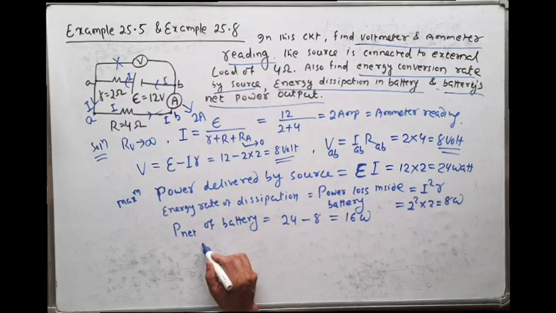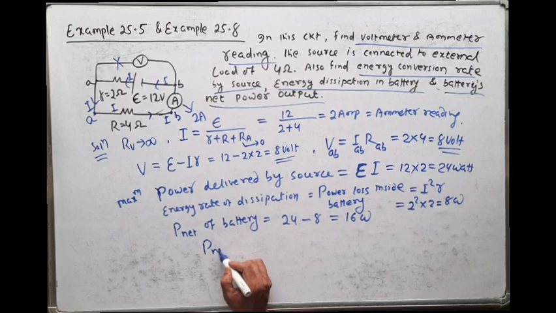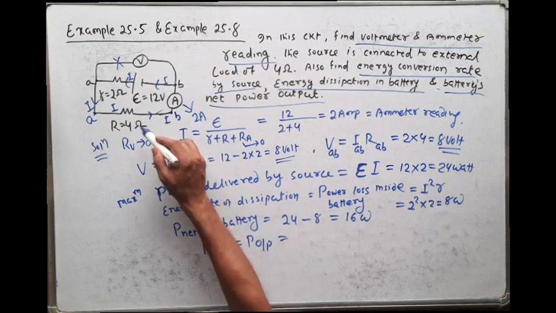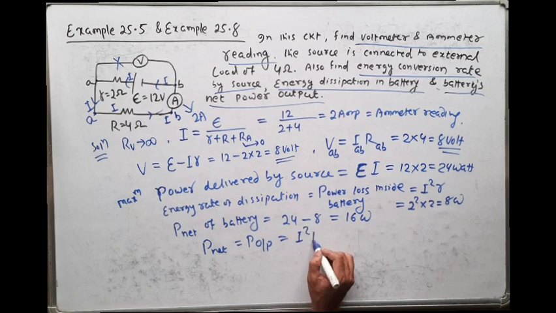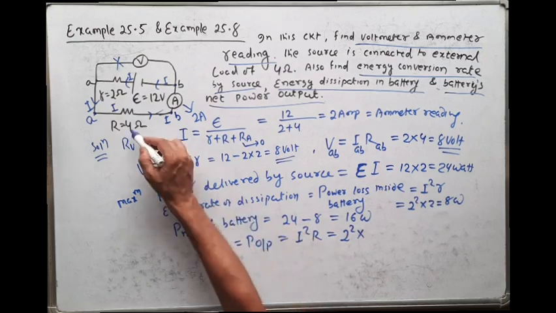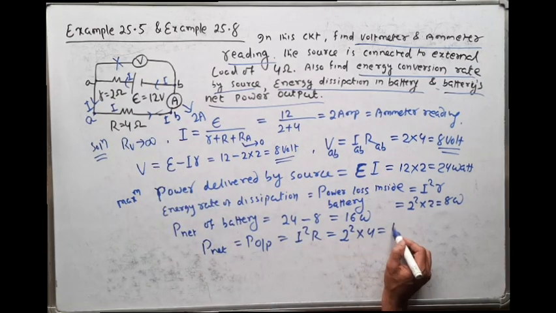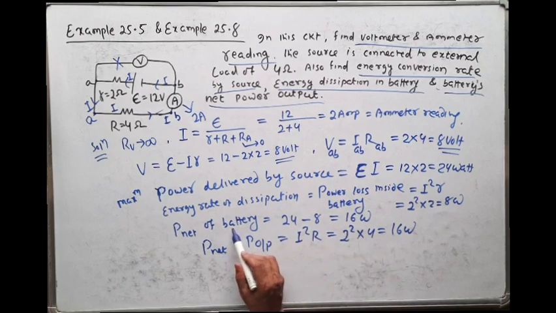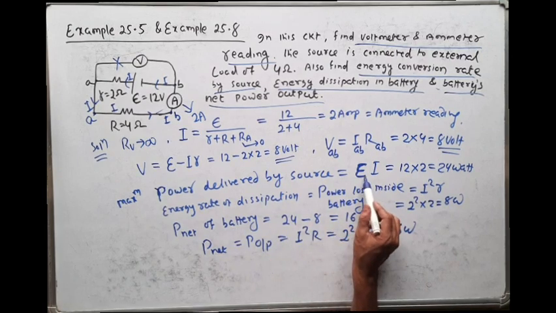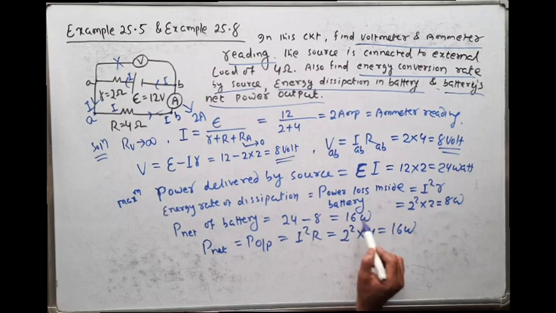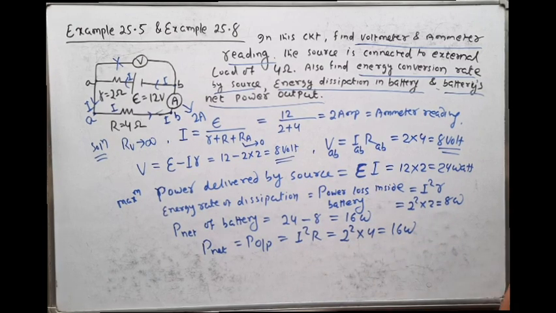Or we can directly write the net power, the output power across the load, is equal to I square into R. What is I? 2 square. What is R? R is equal to 4 ohm. So that is equal to 16 watt. You can directly calculate like this, or the net power is equal to the maximum power EI minus the internal loss I square R. So that is equal to 16 watt.